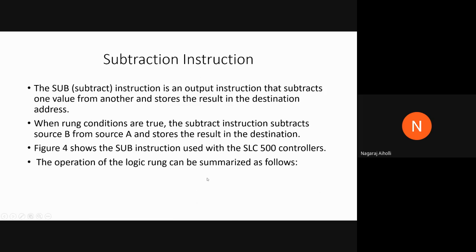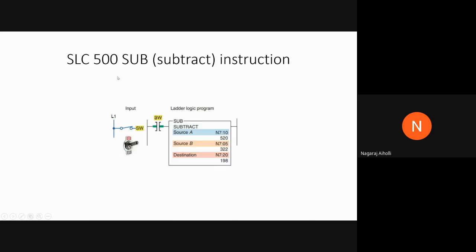The operation of the logic rung is as follows. This is the SLC 500 subtraction instruction. Here, when the switch is closed, this SW examine-if-closed instruction becomes true. When this becomes true, then this subtraction instruction will be activated. The value in source A is N7:10. Here it is storing the value, say 520.